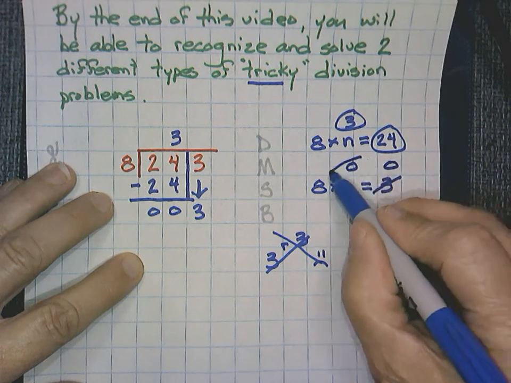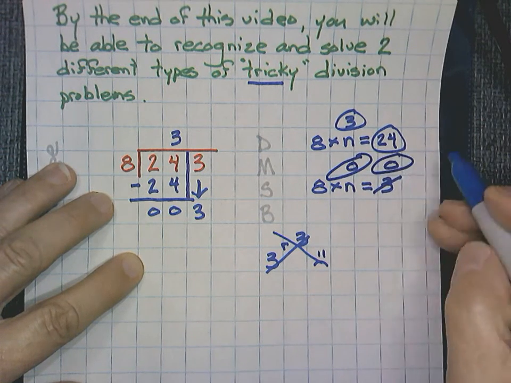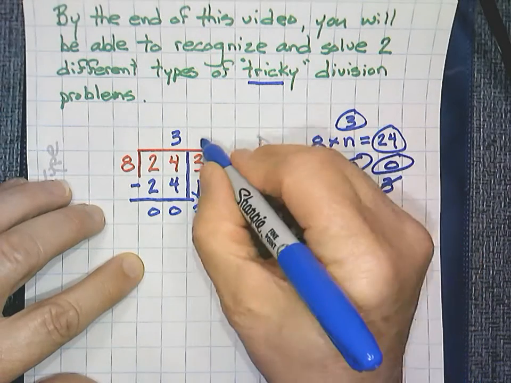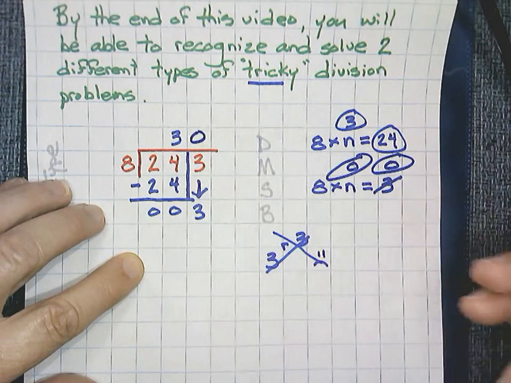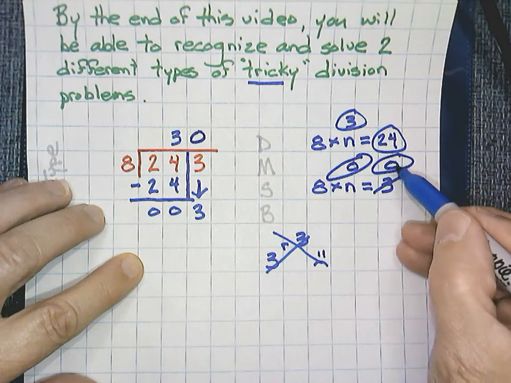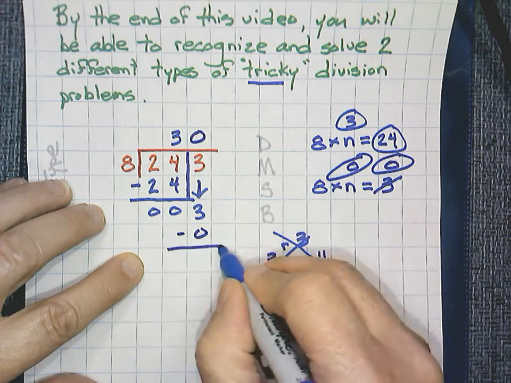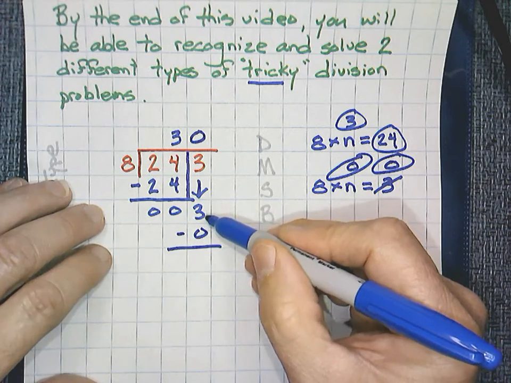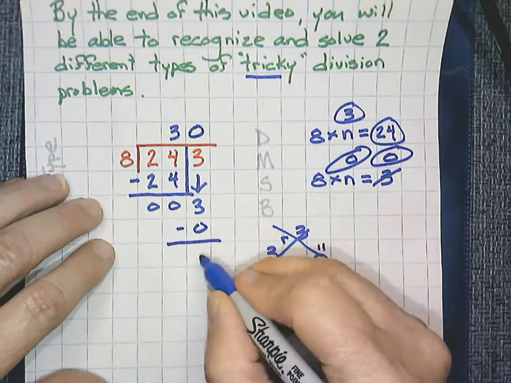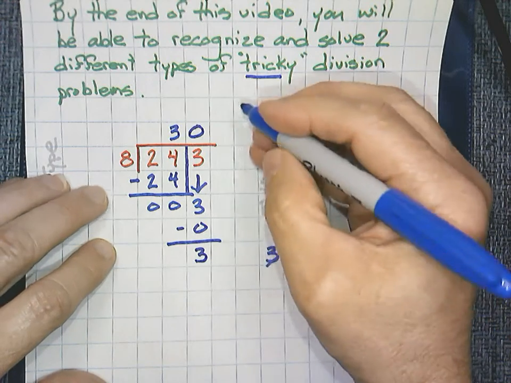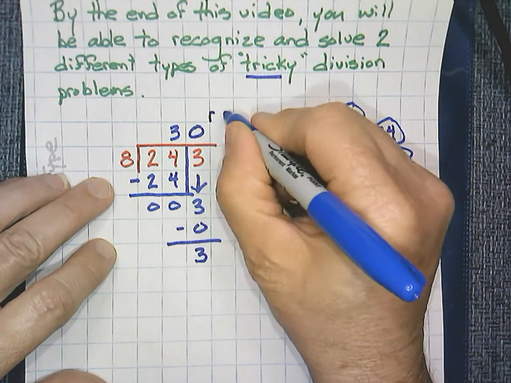I'm going to draw an oval around it this time to show that we're going to use both numbers. The 0 here goes right there. And this 0, like always, goes on the bottom. Notice that we do not have the same number, and when we subtract to find the difference, this 3 now does become our remainder.